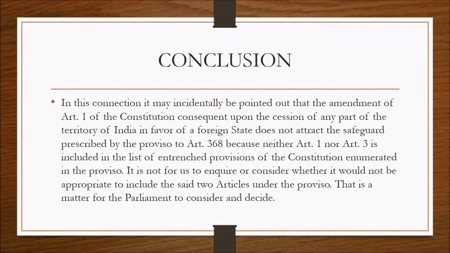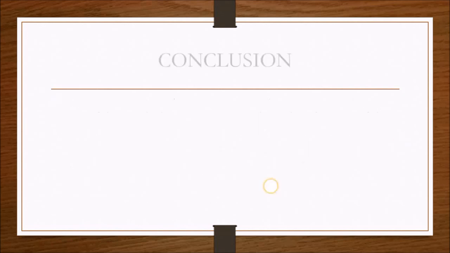So, the answers to our issues, which we are currently discussing. The first question is whether the Nehru-Noon agreement is to ascertain or determine the boundaries in the light of the award. No, it is not to ascertain or determine. It is the secession of a part of Indian territory.